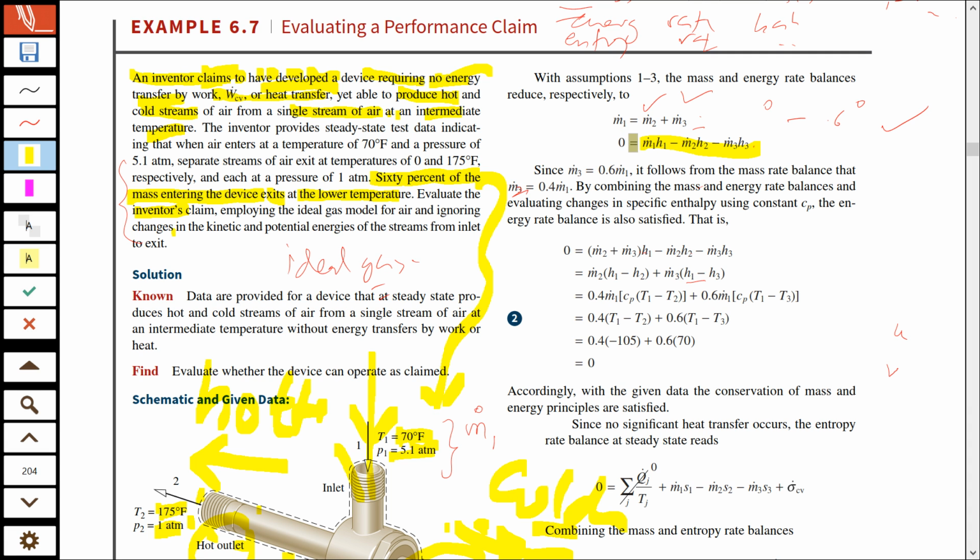And on the left hand side, I have 0 because it's the steady state. I have to make sure that if I plug all these different values, according to this picture, if at the right hand side I get a 0, then there is nothing wrong with his claim as far as energy rate balance is concerned.